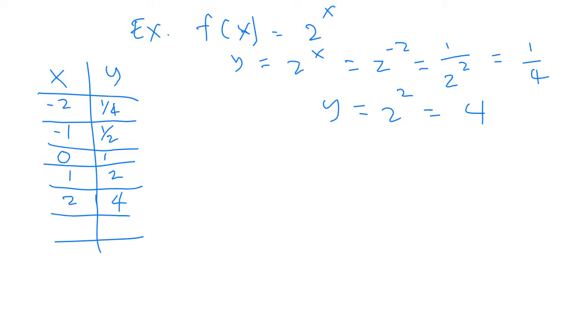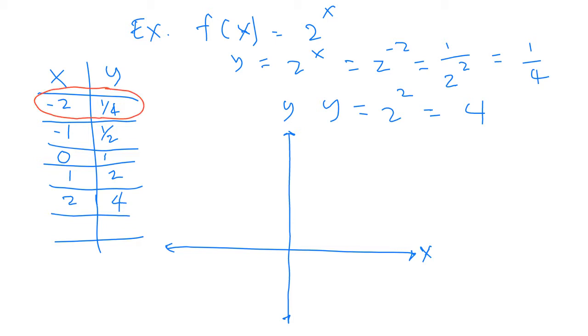And then you can make the graph now. So this is our y axis. And we have our x axis here. And we're going to plot the points now. So here's our first point, first ordered pair, -2, 1/4.